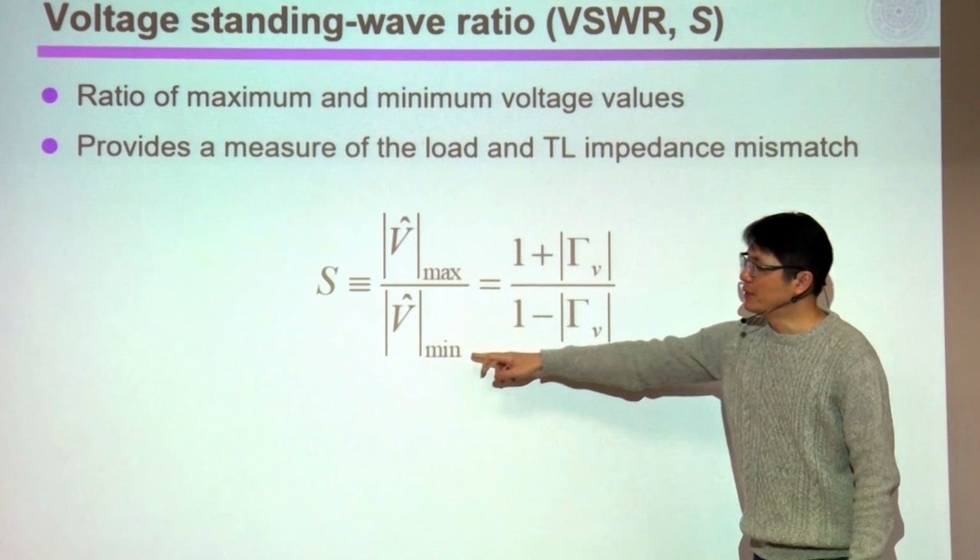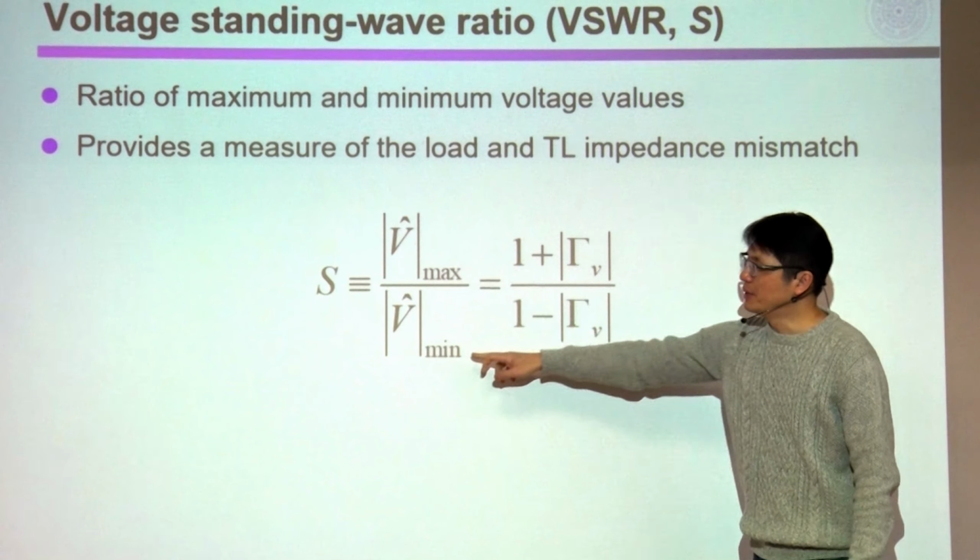So this S value should be 1. Okay, should be 1. This is the best transmission line that you can buy because 100% of the power is being delivered to the user. Okay, so you don't have reflection, you don't have standing waves. So this is the best transmission line that you can hope for.